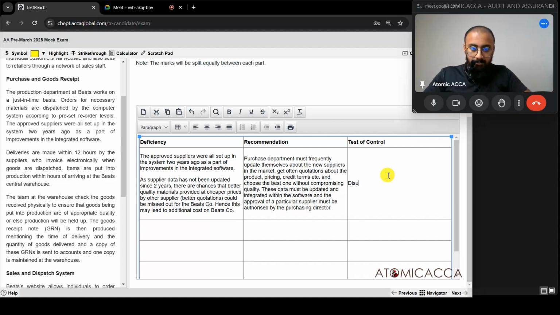Discuss with purchasing team about the procedures for purchasing.